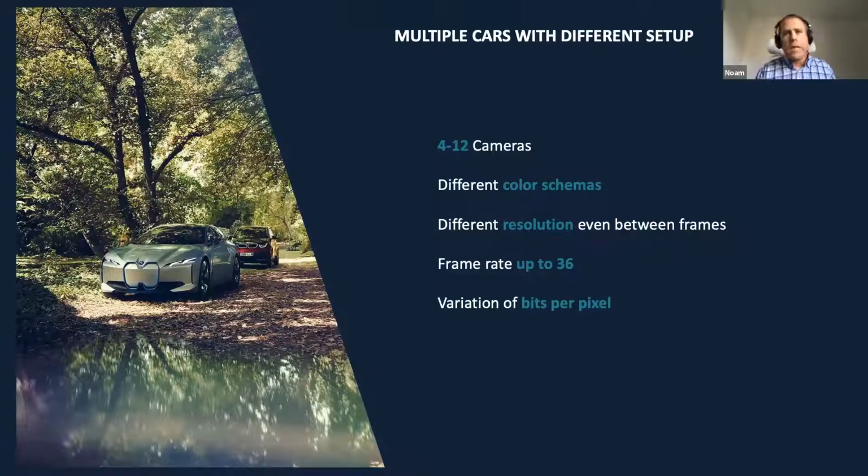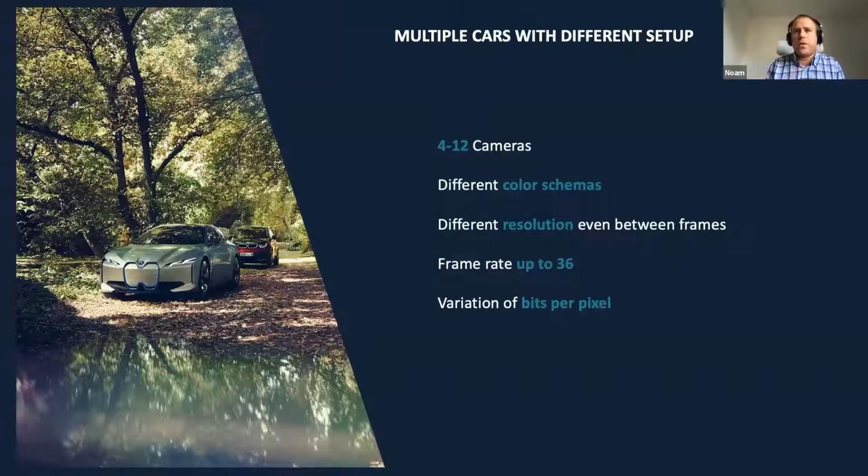So they'll give you X frames in a very high resolution, then have a sudden drop in resolution and jump back up again, just to stay within the required bandwidth. Also worth talking about are frame rates. You could set up the cameras to have a very high or a lower frame rate, and there is also different variation in the bits per pixel you will get.